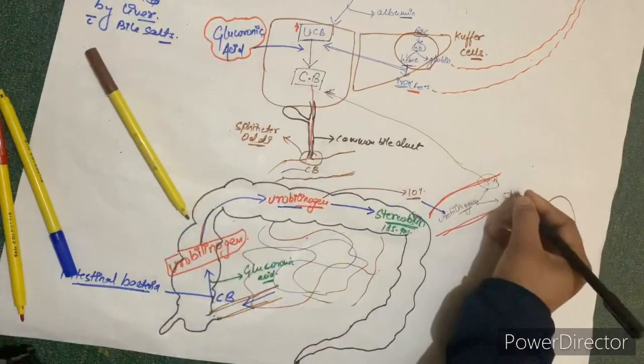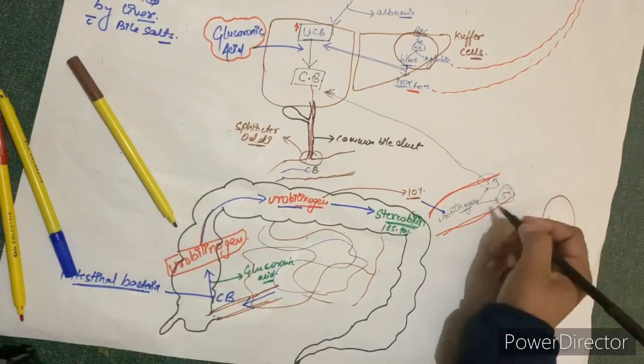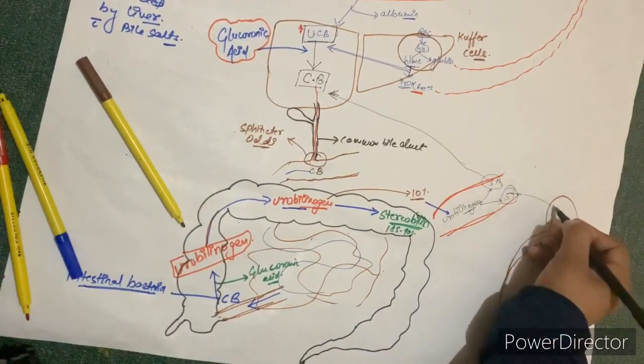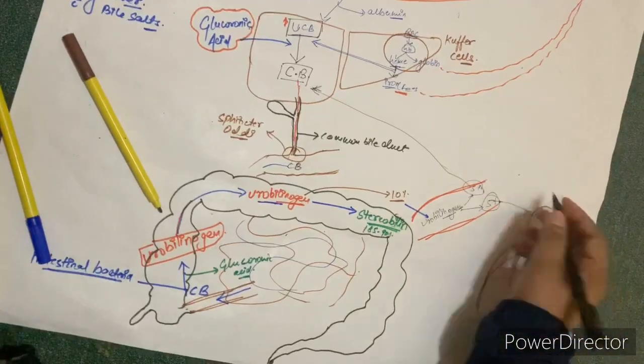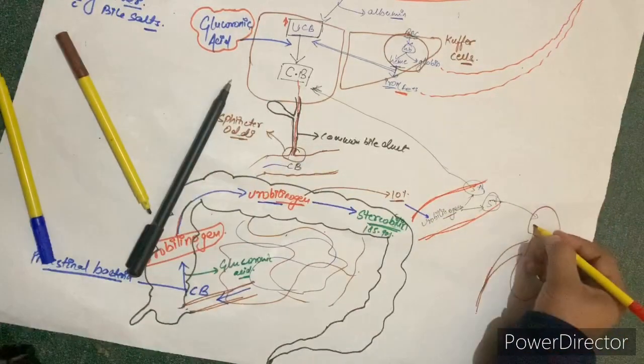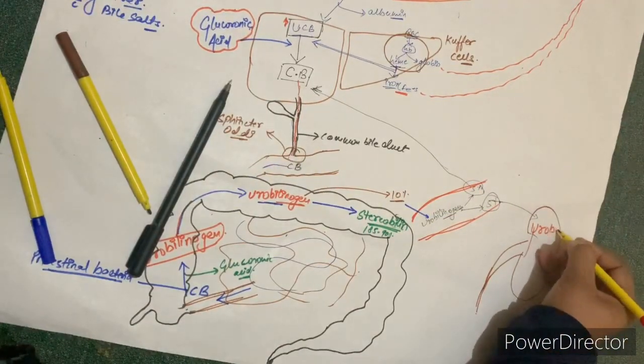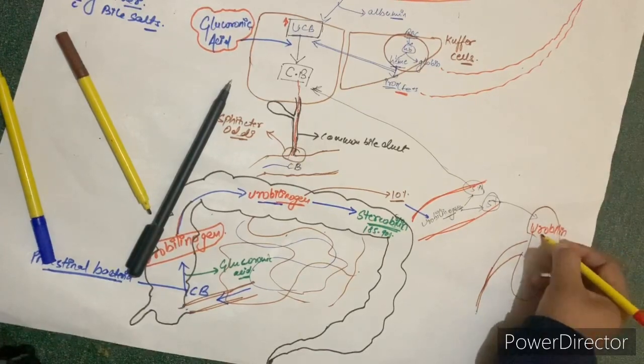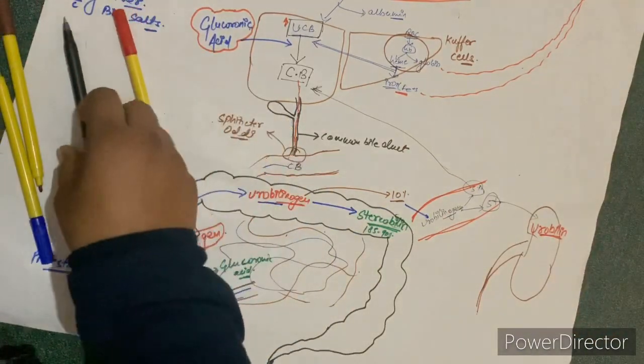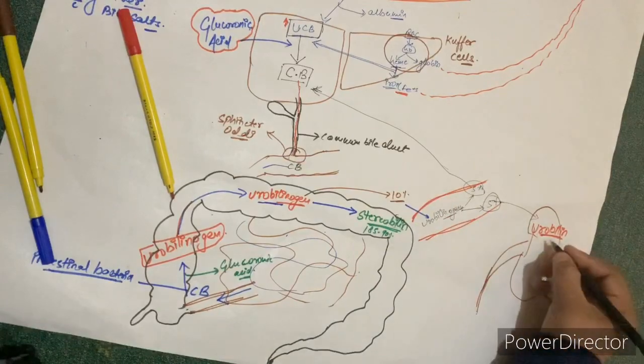This remaining 5% of urobilinogen goes into the kidney, where it is converted into urobilin, which is yellow in color.